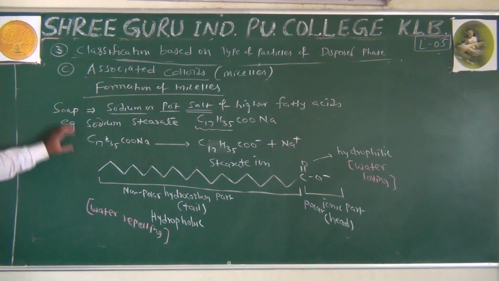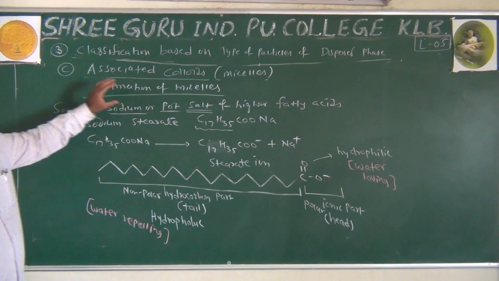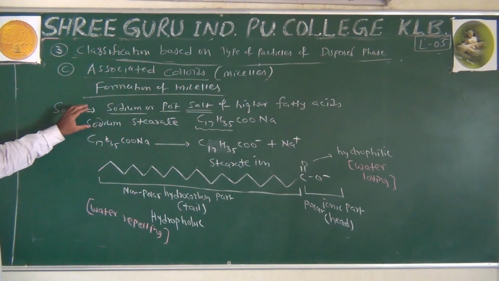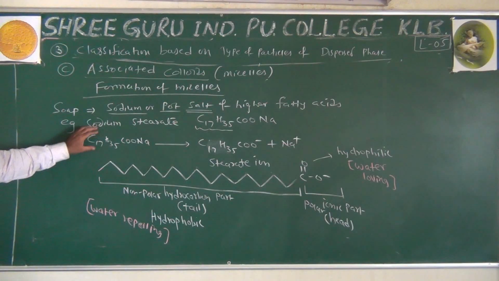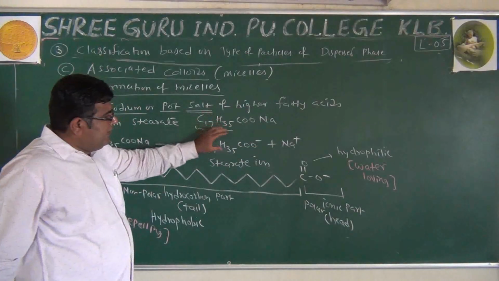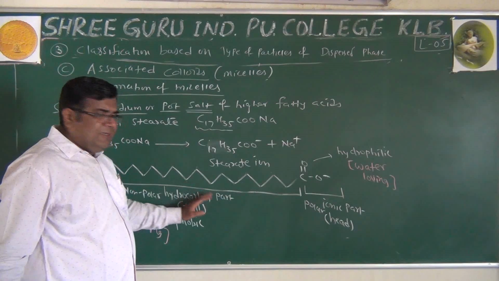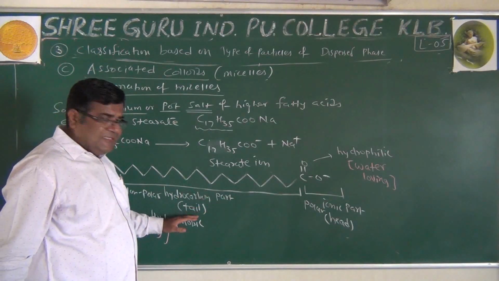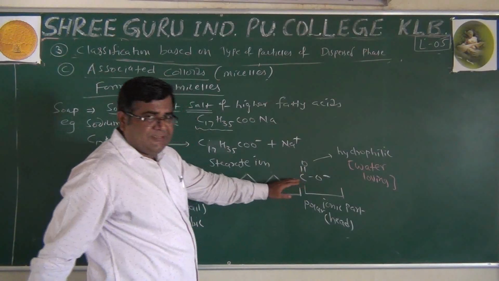Yes, understand this. Soap is the sodium or potassium salt of higher fatty acid. Example is sodium stearate. When sodium stearate is added to water, it dissociates, forming stearate ion and Na⁺ ion. Stearate ion has two parts: the non-polar hydrocarbon part considered as tail and the polar ionic part considered as head.